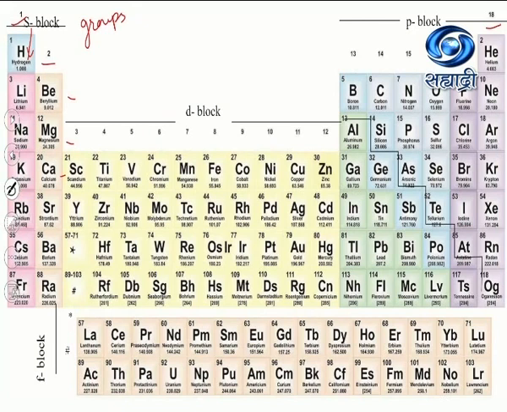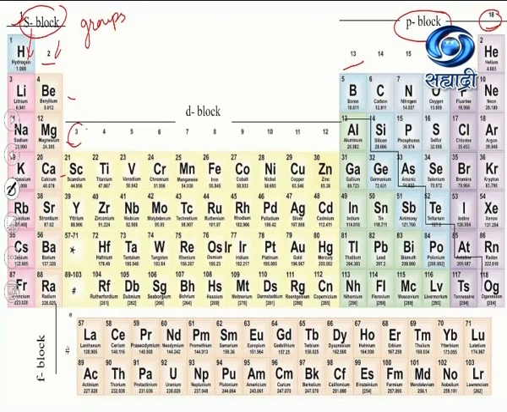Now this particular periodic table is divided into 4 blocks, as you can see here. Group 1 and 2 belong to the S block. Group 13 to 18 belong to the P block, so group 13 to 18 elements are called P block elements.